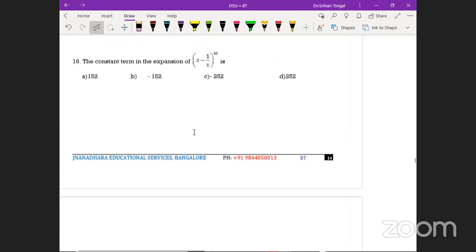The constant term, let's see constant term problems. Constant term in the expansion of 1 minus 1 by x whole power 10.